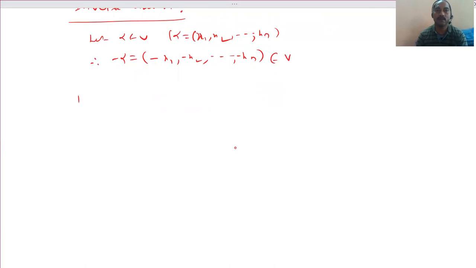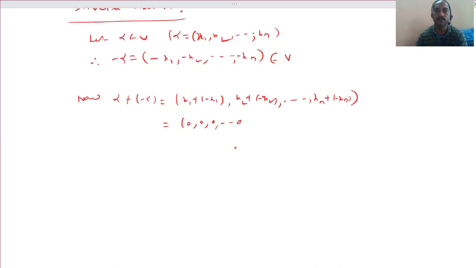Now, alpha plus of minus alpha. This resultant value equal to component wise addition: x1 plus of minus x1, x2 plus of minus x2, and so on, xn plus of minus xn, which is equal to 0, 0, 0, and so on, 0. So it is the additive identity in the vector space.